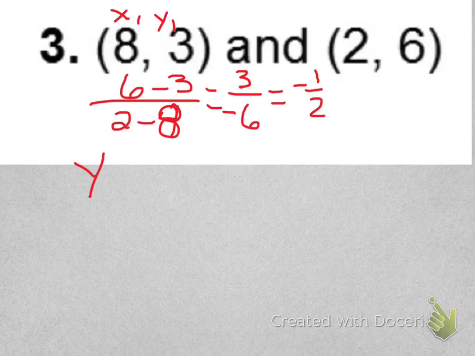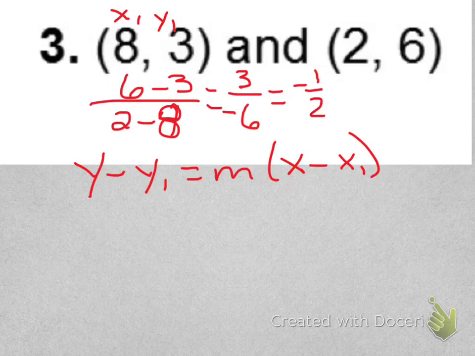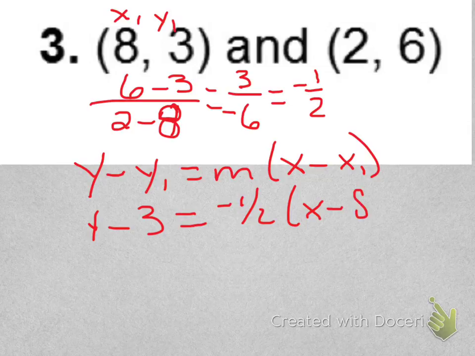So now I'm going to use the point slope formula. y minus y1 equals m times parenthesis x minus x1, and then I'm going to fill in my numbers. So y minus 3 equals negative 1/2, my slope, times x minus 8. So now I distribute.